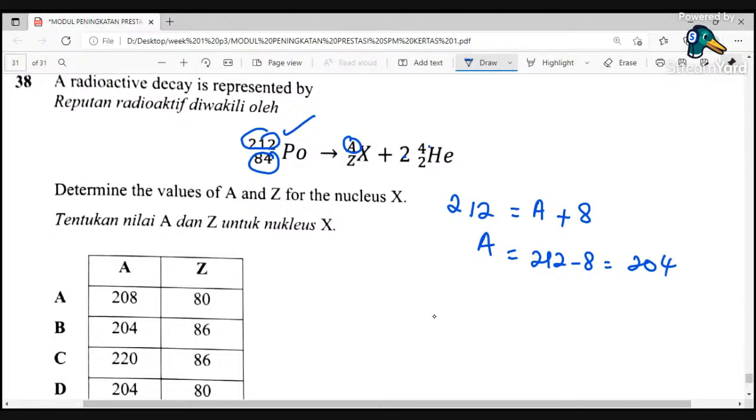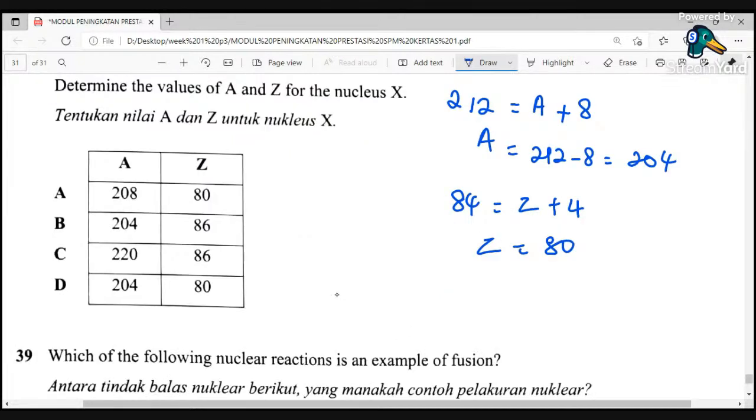So the nucleon number for X is 204. Now to get Z, same thing, 84 equals Z plus 2 times 2, 4. So Z equals 80 minus 4, 80. Okay, jadi 204, 80. Okay, jawapan D.